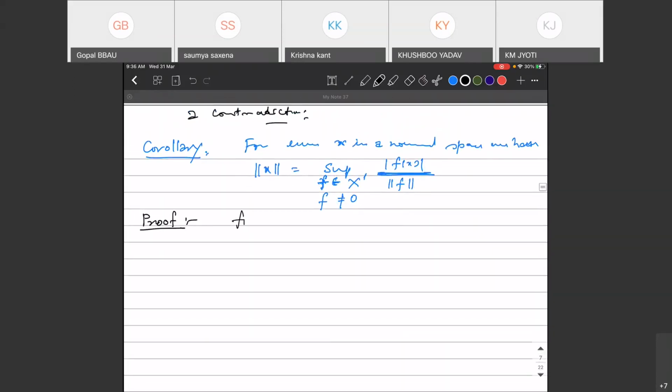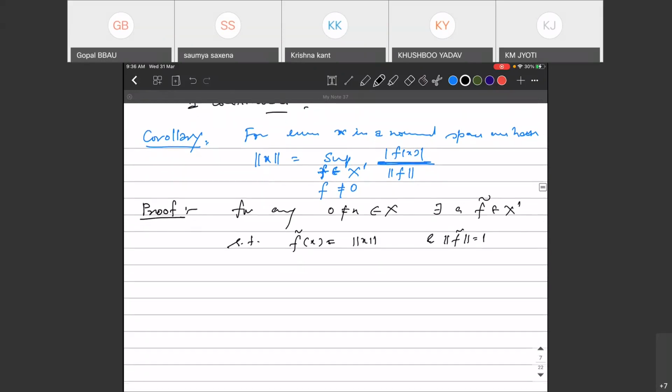So for non-zero x, there exists a functional f tilde such that f tilde of x is equal to the norm of x and the norm of f tilde is 1. Okay.